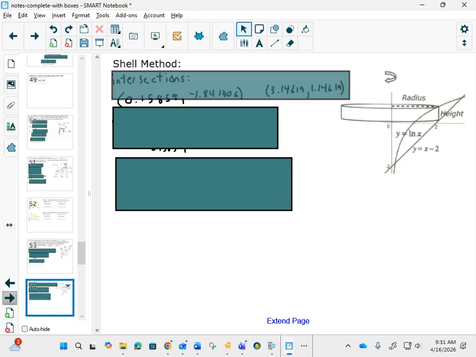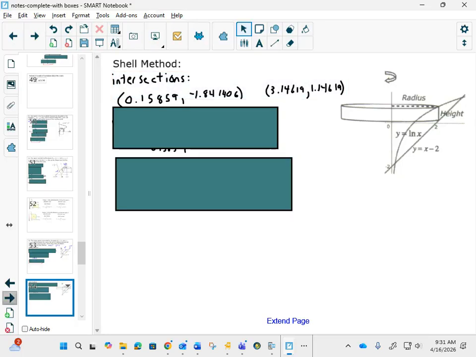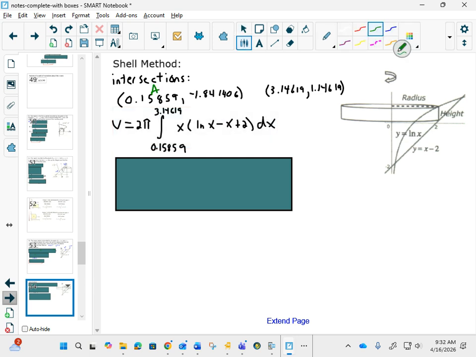Using the cylinder, now your cylinders are moving along the x-axis, so this is now your A, and this is your B. And now you would have to rearrange your equations as y equals.